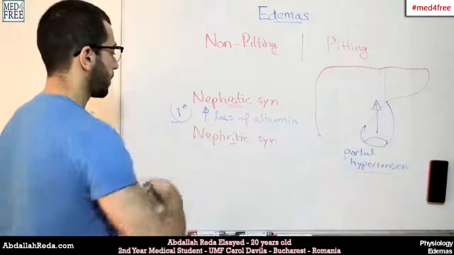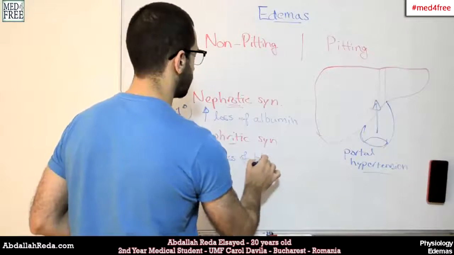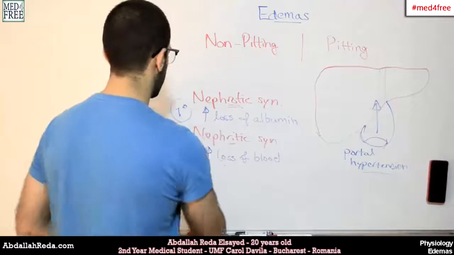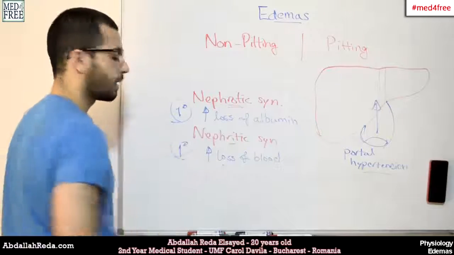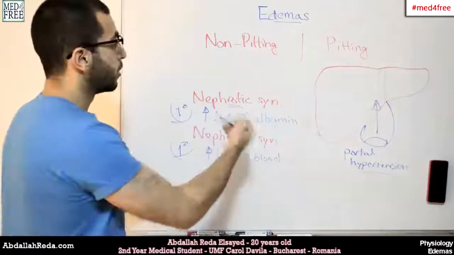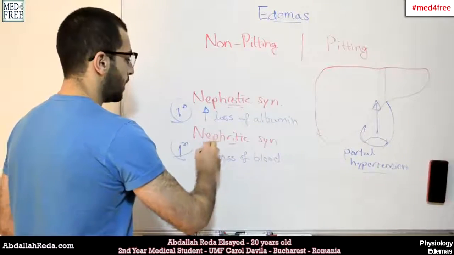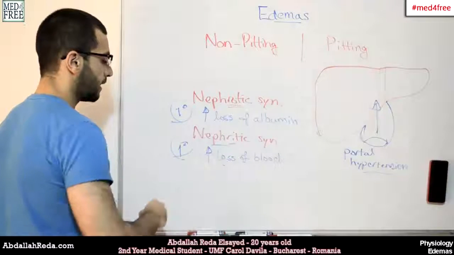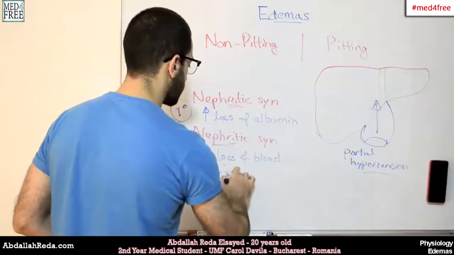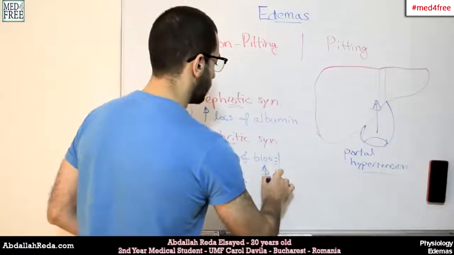On the other hand, in the nephritic syndrome, we have a high loss of blood. And in this case, that would be a primary event because this would directly affect the Starling forces, which is the first factor that we talked about, which leads to the causing of the edema. And then in the renal function, we would have an effect which is a decrease in the glomerular filtration rate and an increase in the reabsorption of sodium.